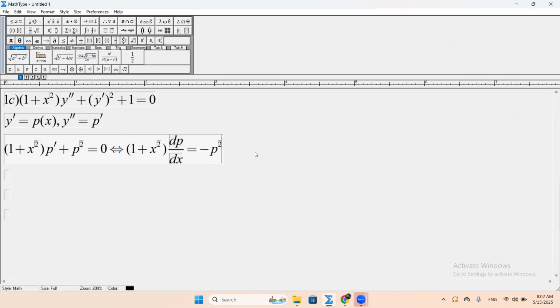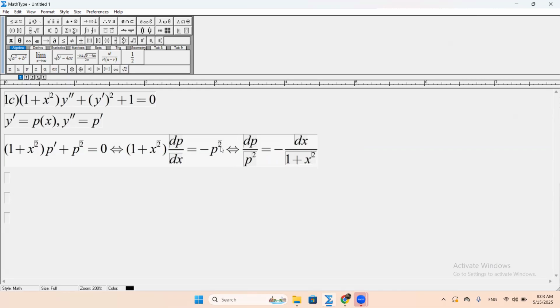So now, continuing separating variables. What do we have? dp over p squared equals minus dx over 1 plus x squared. So we have separated variables for now.